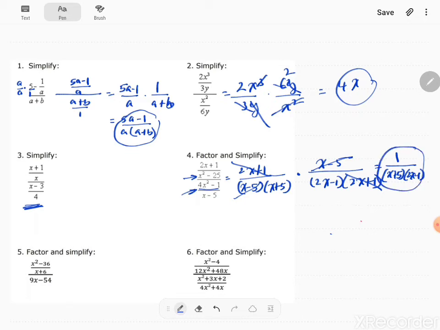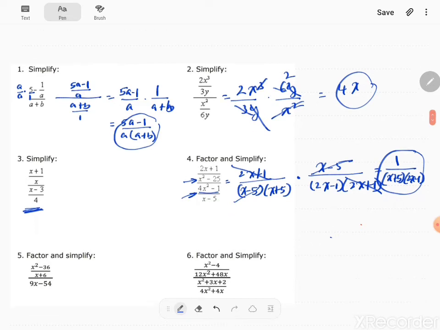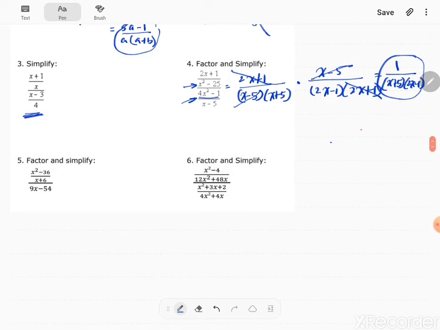Okay, all right, you get the idea? So you can pause and do the fifth and sixth by yourselves, but I'm going to do that, and you can come back to verify your answers. So I'm going to do this without much explanation.